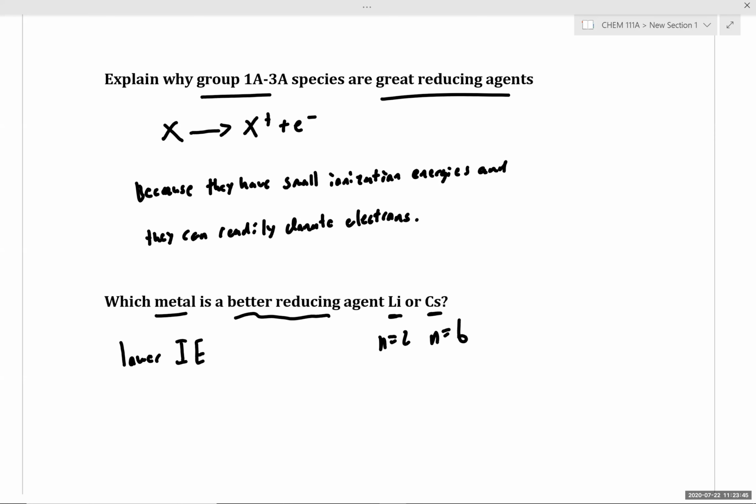Let's try to get some responses in the chat. Which species has a lower ionization energy, lithium or cesium?